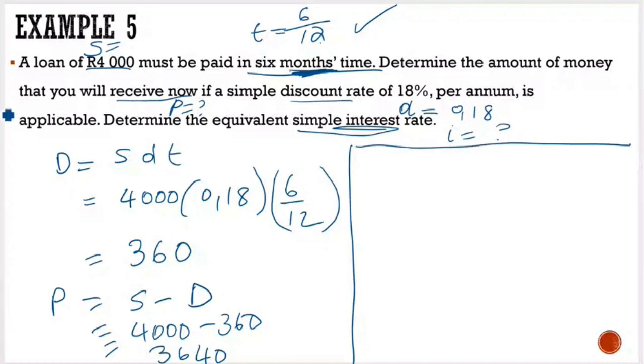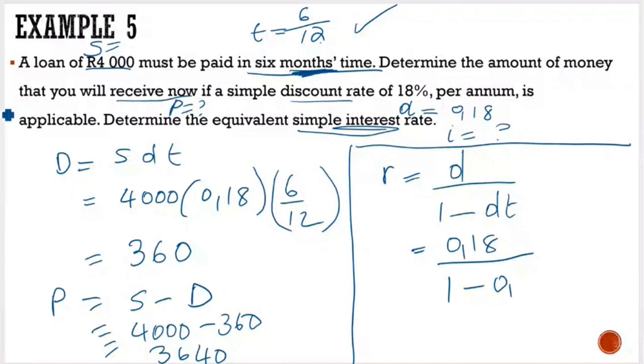That is simply your R is equal to d over 1 minus dt. So now your d is given, it's 0.18 over 1 minus 0.18 times your time, which is 6/12. You plug it into your calculator, and this is going to be equal to 19.78%.